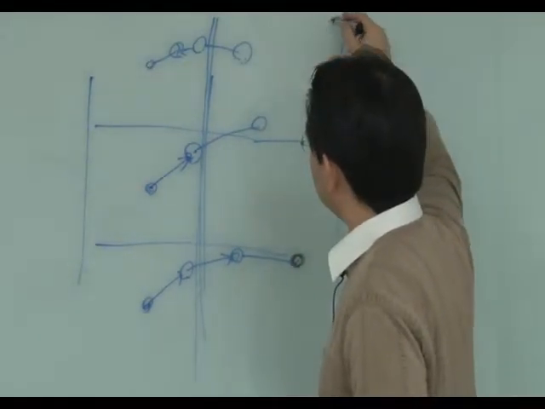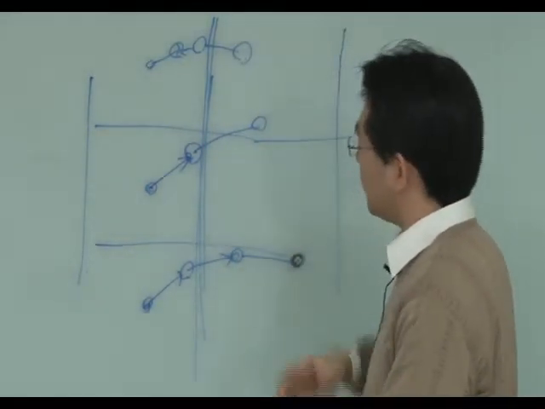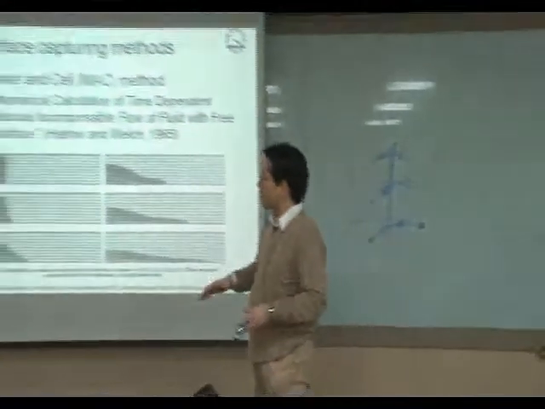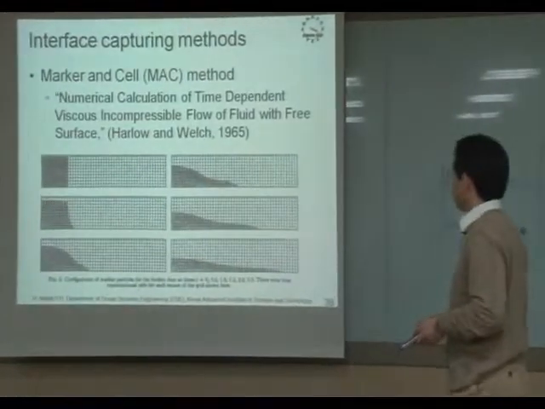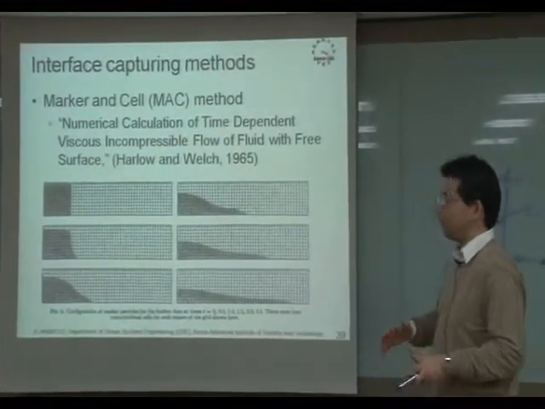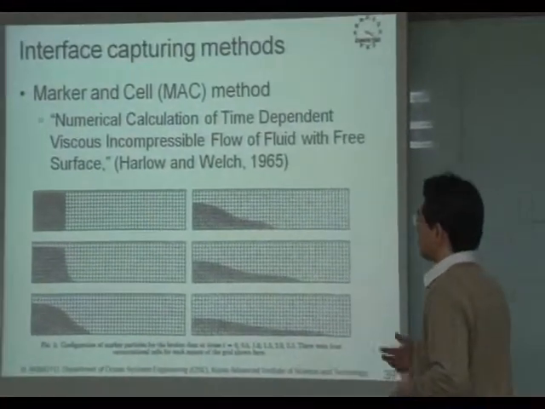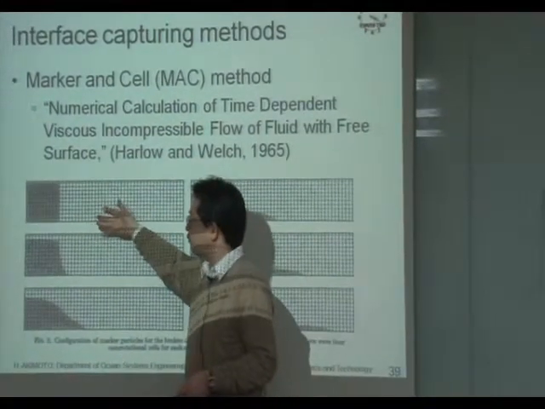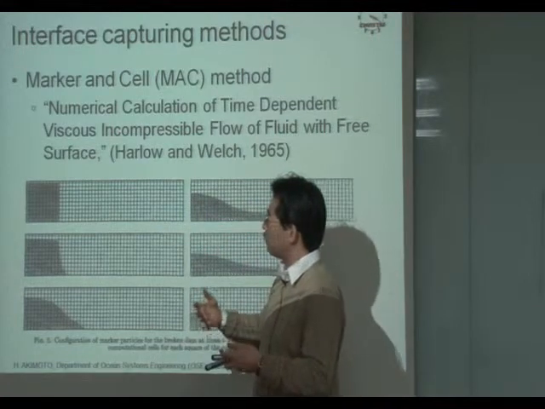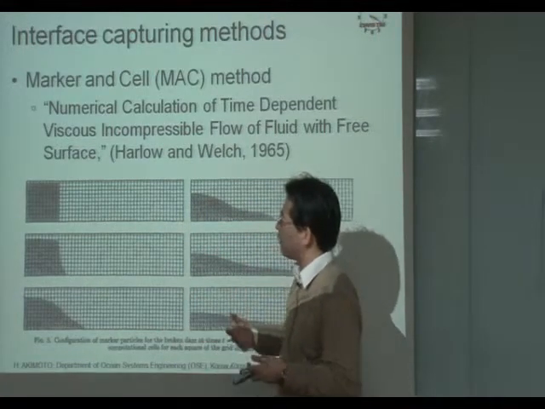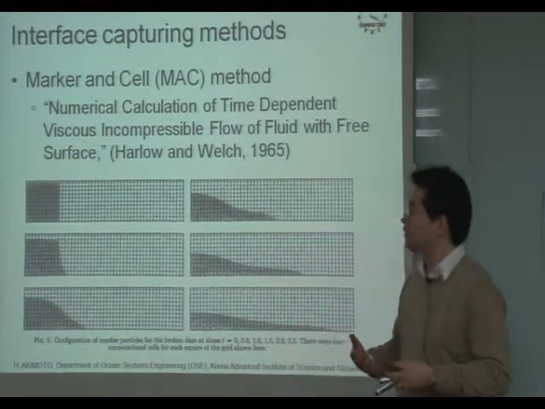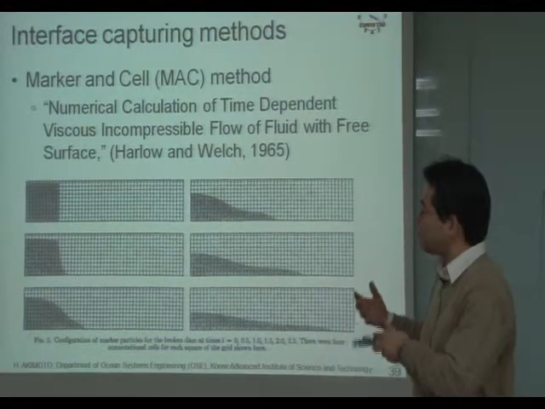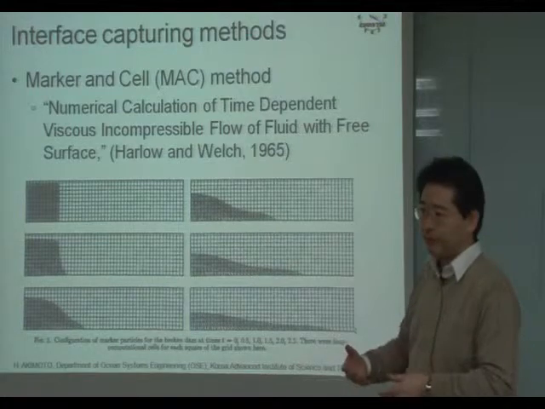So this motion of markers defines the position of the free surface. If an empty control volume is occupied by a new marker, the condition of the control volume will be changed from air to water.